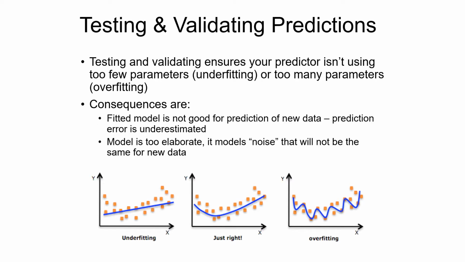So testing and validation essentially makes sure that you're not using too few or too many parameters. The tendency is actually to use too many, or to overfit. And this is illustrated in these images at the bottom, where we look at a data set in these yellow-orange lines, and we're plotting some phenomena, and we're trying to come up with some curve or equation or predictor that fits the data.